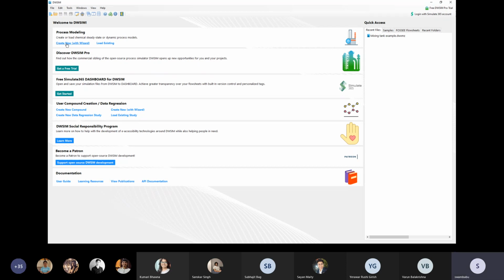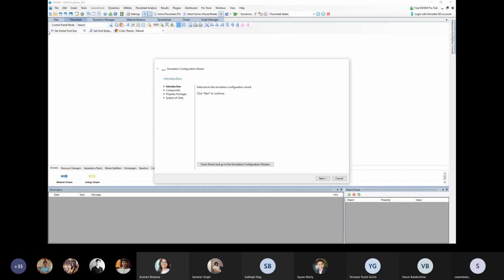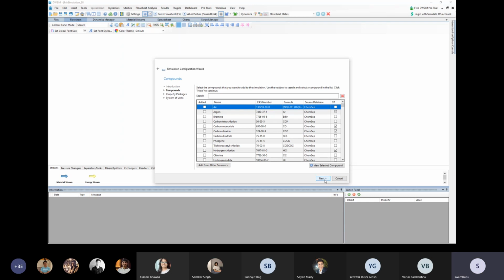Then you go to process modeling, create new wizard. In the introduction, I click next. Here I have to select the compounds.